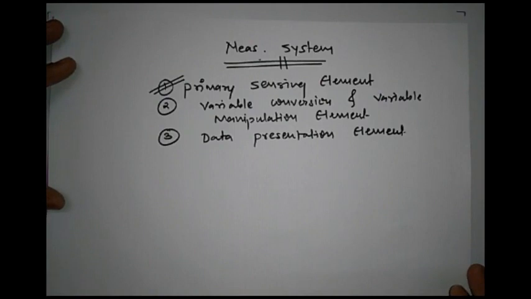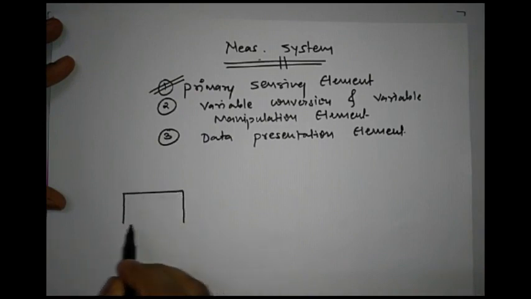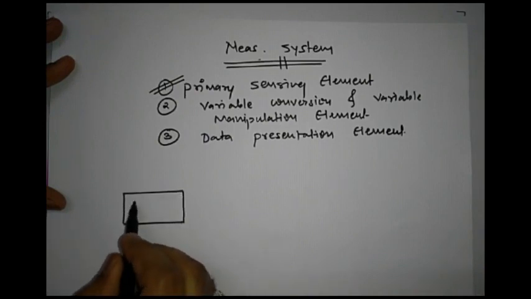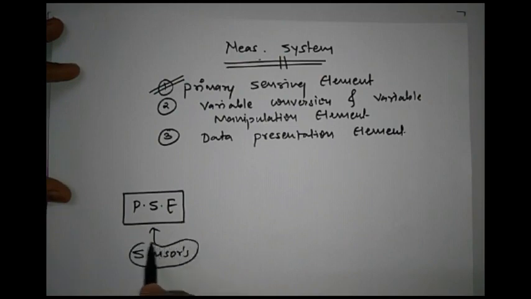So if you see the block diagram of any measurement system, it is something like this. First element is the primary sensing element. The main objective of this element is to sense the value of the unknown quantity, and for sensing it, this element includes different types of sensors. So what is the purpose of a sensor?